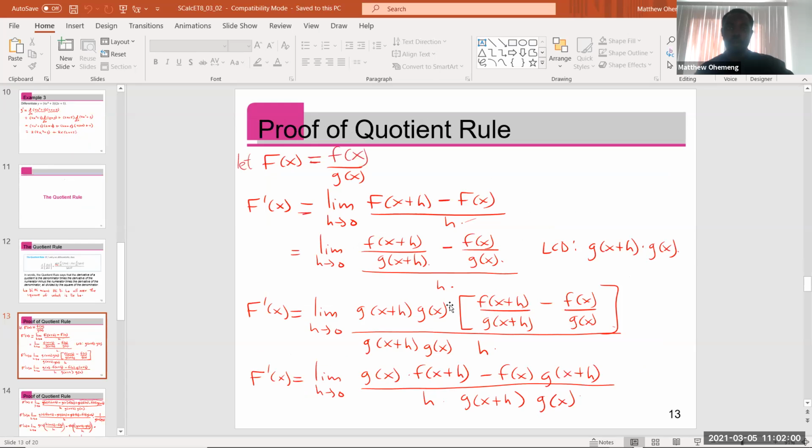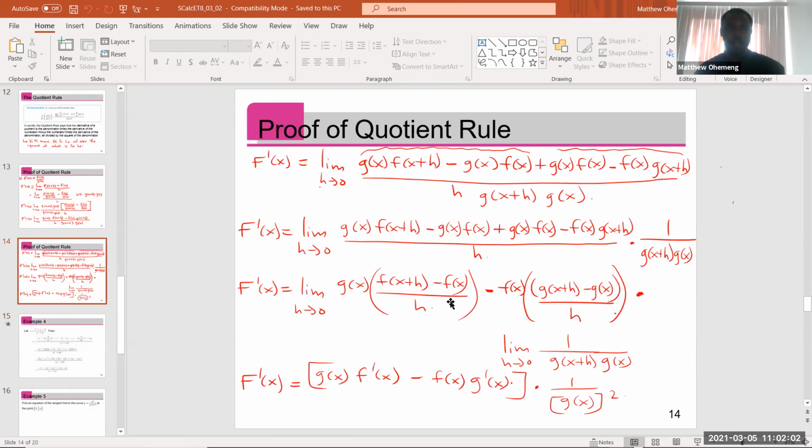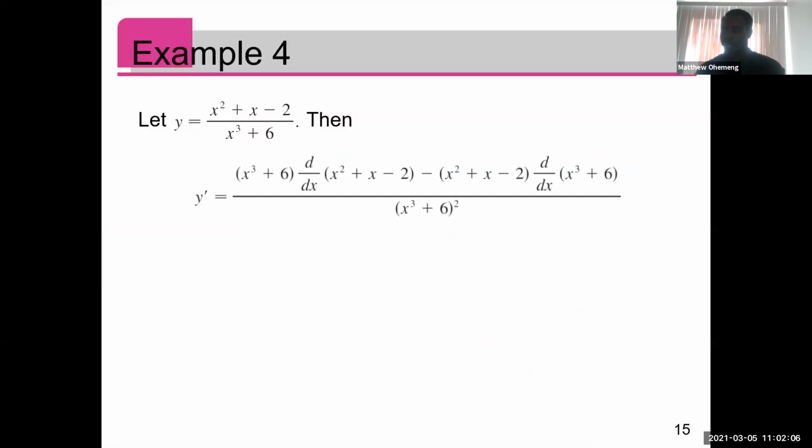Now we proved this formula, and the other thing we looked at was this example. So let me come here. They've started this for us, but since they have the example here, let me move to the whiteboard. So we have example 4. This is 3.2, and we're looking at example 4 on the slides.